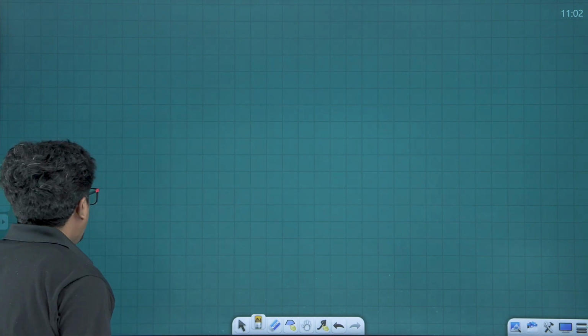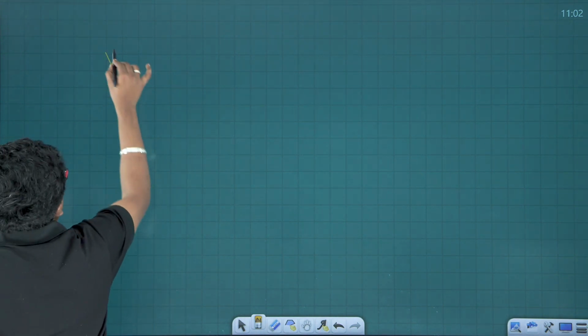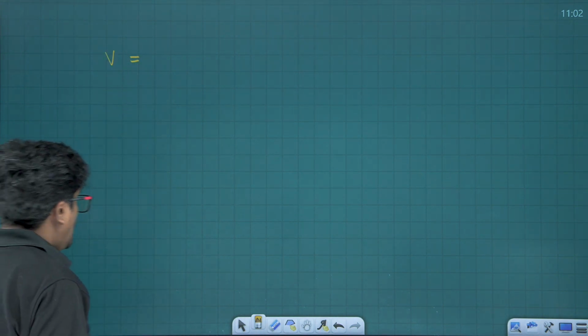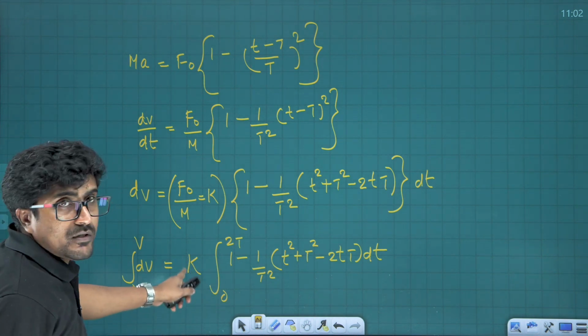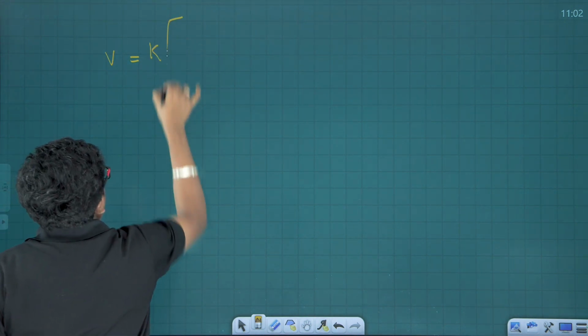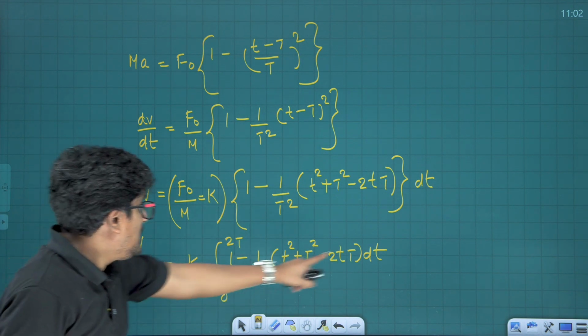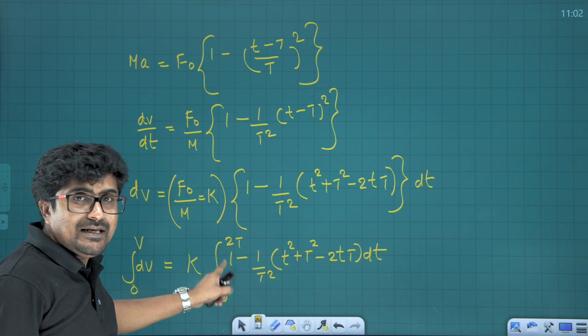Now if I proceed, on the left hand side it is going to be v, that is equal to, on the right hand side I have got capital K out, capital K into, here this is 1, that is going to be integral of dt.